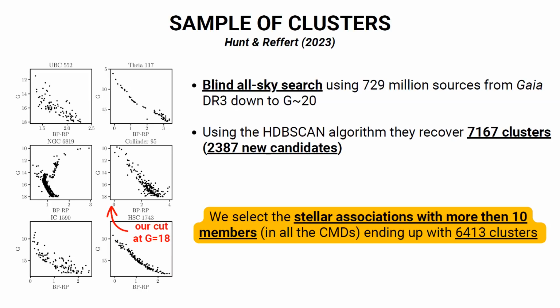So we further select only stellar associations that have more than 10 stars. It makes more sense to me and also helps the neural network to work better.